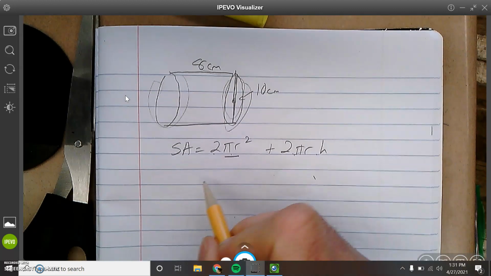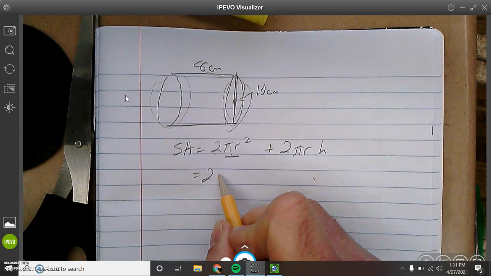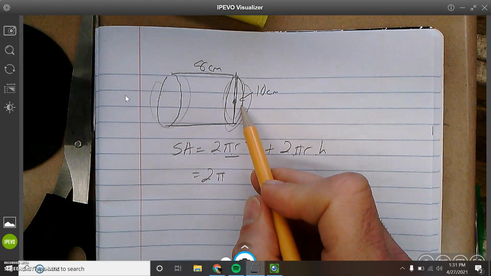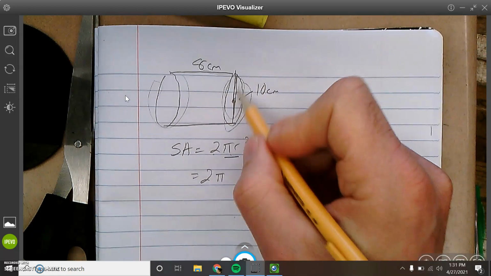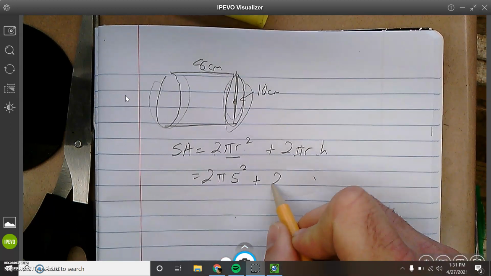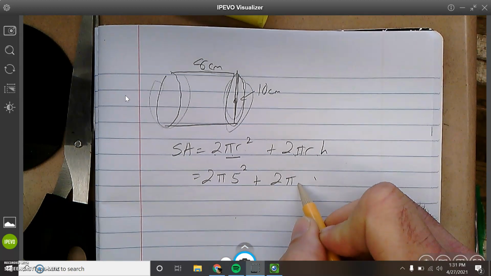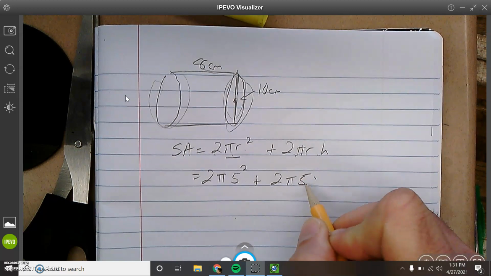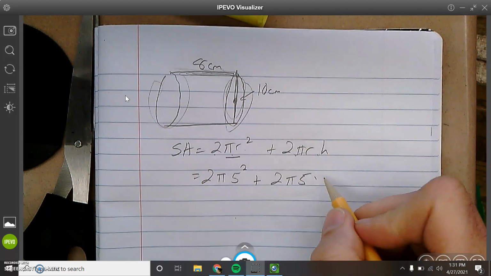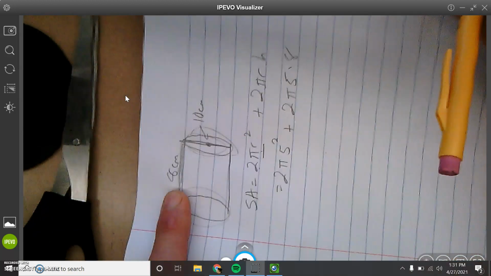All right, so let's plug it in. 2 times pi times the radius. What's the radius? Is it 10 or is it 5? Yeah, it's 5. This is the diameter, so the radius is just 5. Plus 2 times pi times the radius, still 5, times the height, or the length, which is 8. It's on its side, but if you turn it that way, 8 is the height.